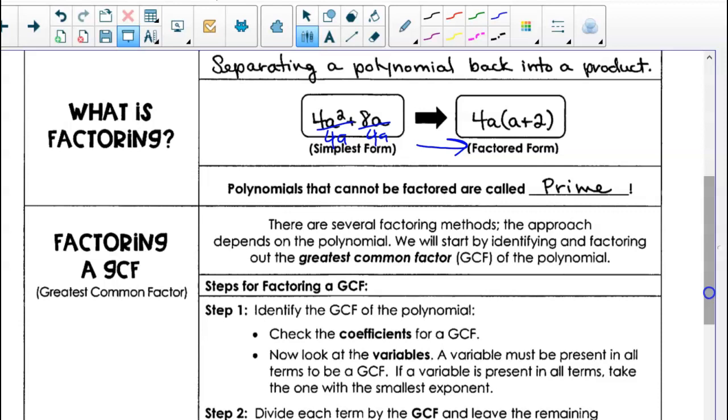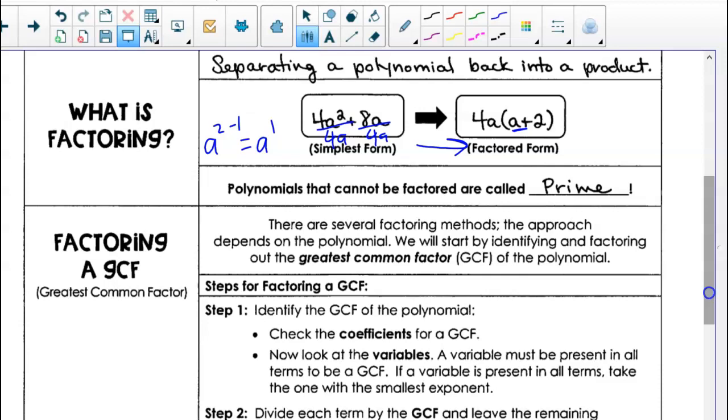For the variables, you have to remember your exponent rules. If I'm dividing by like bases, I am subtracting the exponents, which would leave me with 1a left, which is why there is 1a inside. For the 4 divided by 4 to get 1, there's an invisible 1 in front of a, we just don't need it.